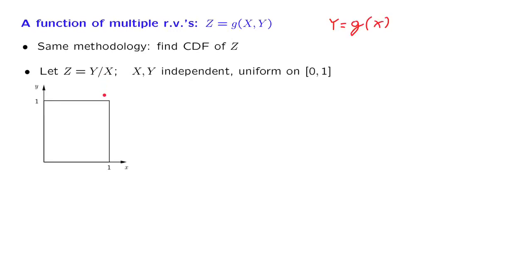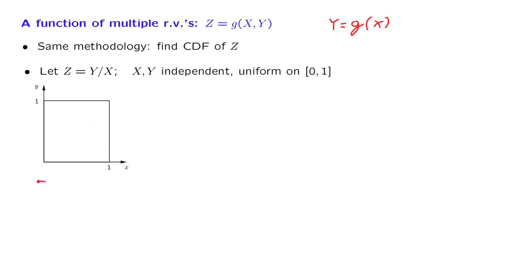It is useful to work in terms of a diagram. This is essentially our sample space, the unit square. The PDF of X is 1 on the unit interval. The PDF of Y is 1 on the unit interval. Because of independence, the joint PDF is the product of their individual PDFs. So the joint PDF is equal to 1 throughout this unit square.